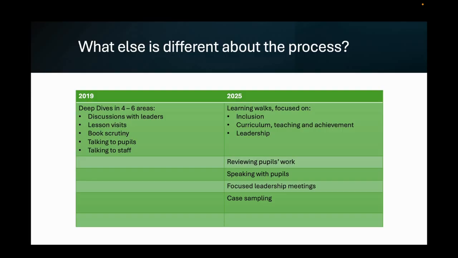And then reviewing pupils' work, speaking with pupils, focused leadership meetings. And then there's case sampling. It is mainly going to be used to get more information about inclusion. So they will choose about 6 pupils, one with an EHC plan.